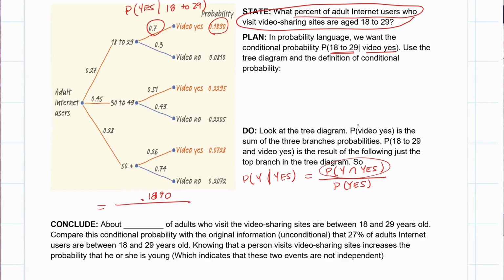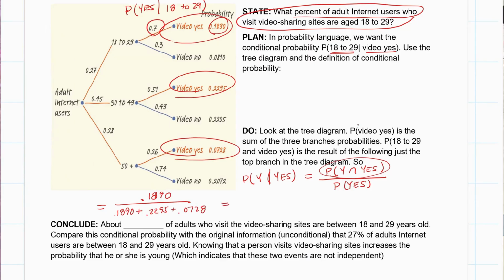But the yeses are in these three groups. So the yeses are 0.189 plus 0.2295 plus 0.078. And if we put that into the calculator, we end up getting 0.3847.